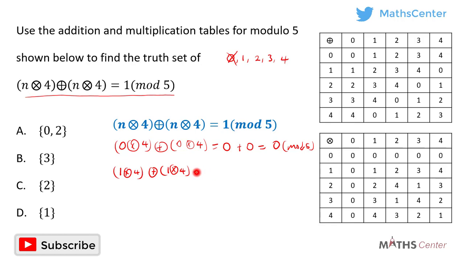And so this will be equal to 4 plus 4. From our addition table, 4 plus 4 will give us 3. So this is 3 in mod 5.